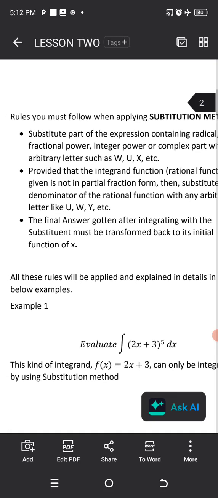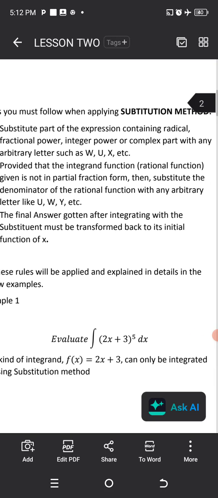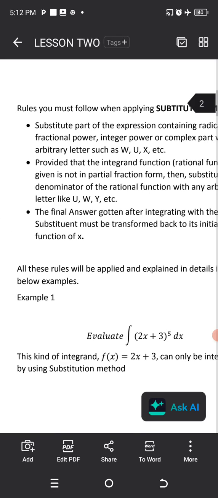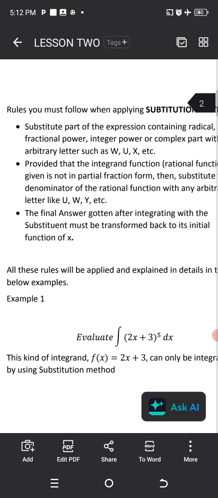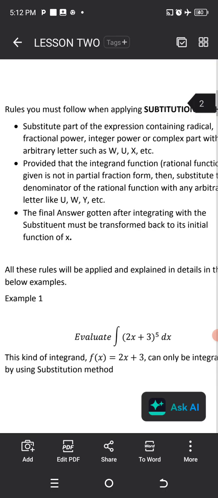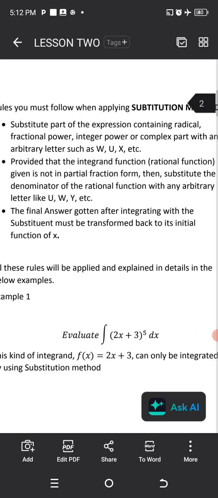And the second one is provided that the integral function, that is the rational function, given is not in partial fraction. You must know that this kind of thing occurs when you are dealing with quotient functions. I'm referring to algebraic functions now.